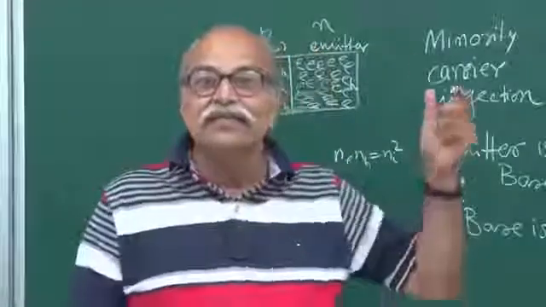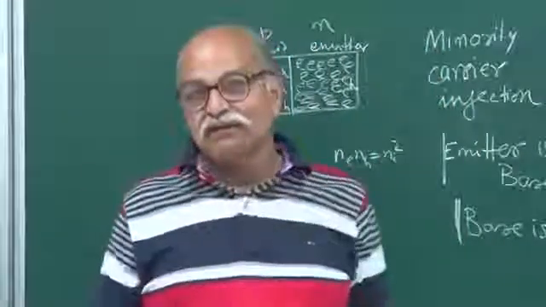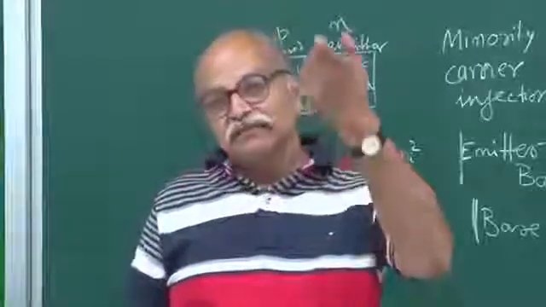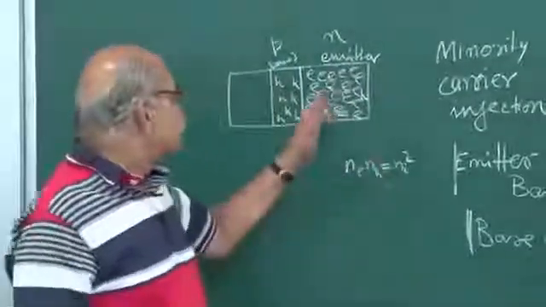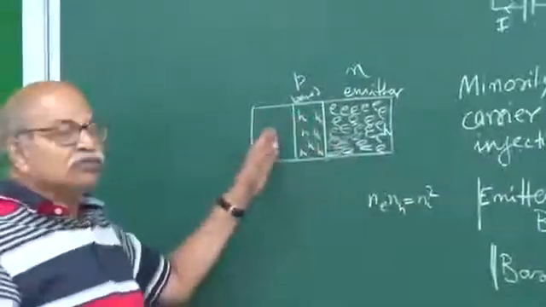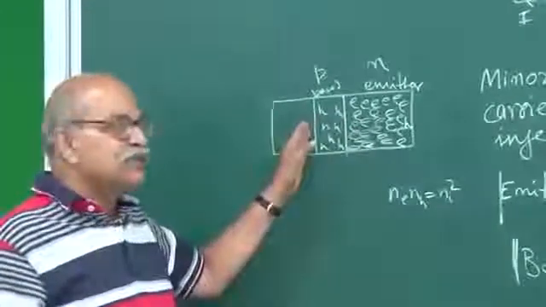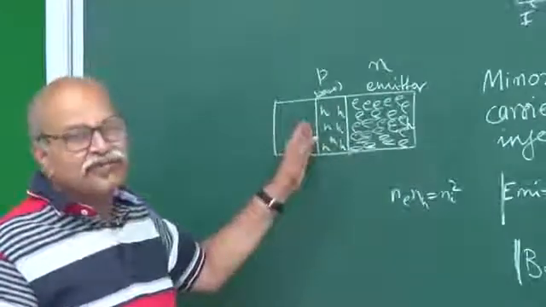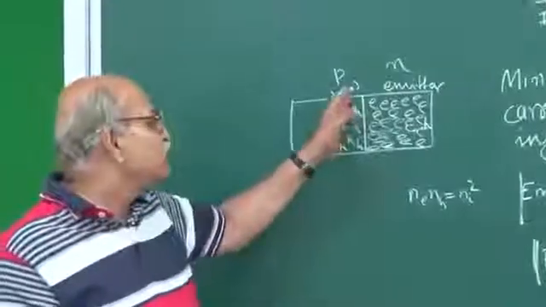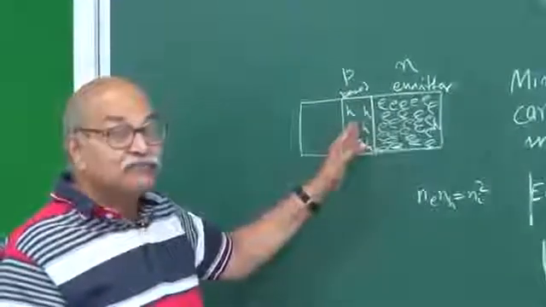So that's why it is made so thin, of the order of micrometers, that these injected electrons just cross through this base region almost without recombining, or a very small fraction of them will recombine.